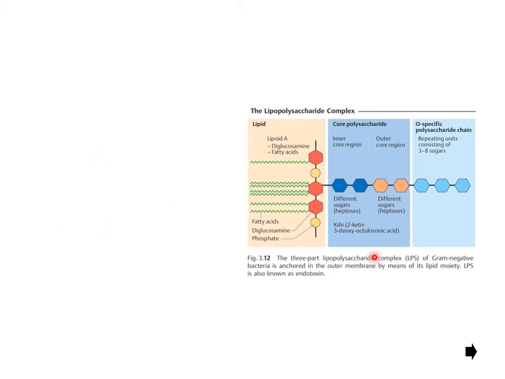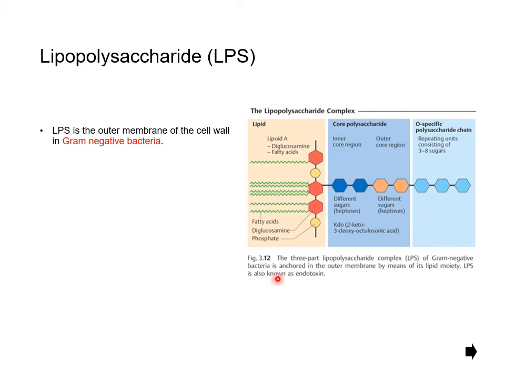Now we move on to the second layer that is present in gram negatives but not in gram positives, and we call it lipopolysaccharide, or LPS for short. This is the outermost layer of the cell wall in gram negatives only. Gram positives do not have this layer.